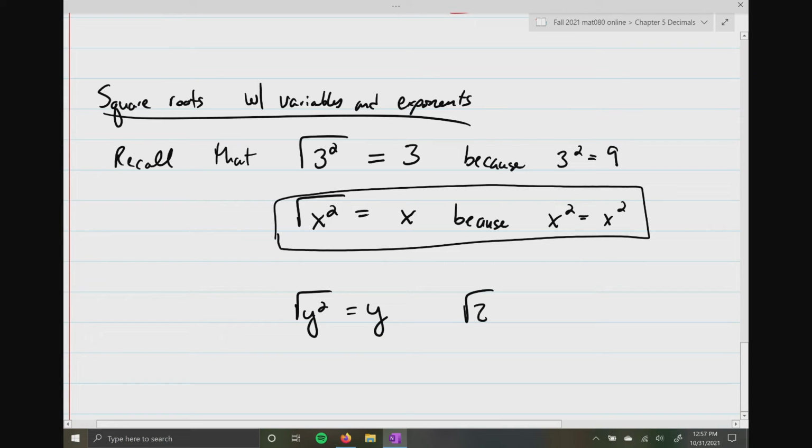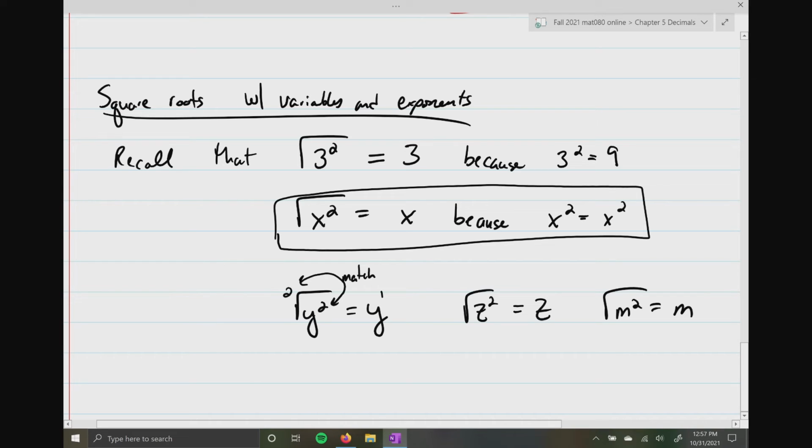Square root of z squared equals z. Square root of m to the second power is going to equal m. Anytime the index and the exponent match, you're just going to write the variable raised to the first power outside.